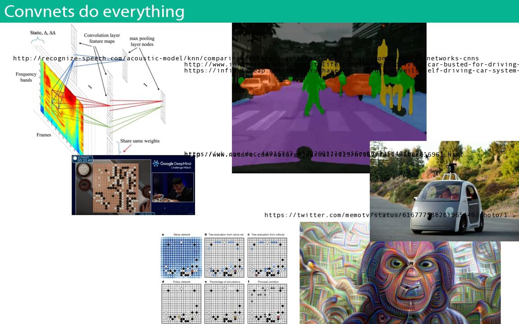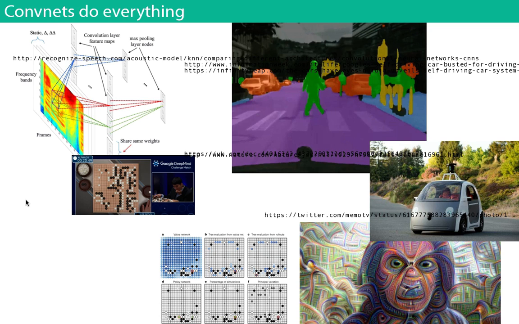And they were also notably, this is DeepDream. We'll talk about DeepDream in a few minutes. But also, for those of you in March, you might remember that we had a very famous match in South Korea between DeepMind's computer, which played the game of Go, and the number one Go player in the world, Lee Sedol.